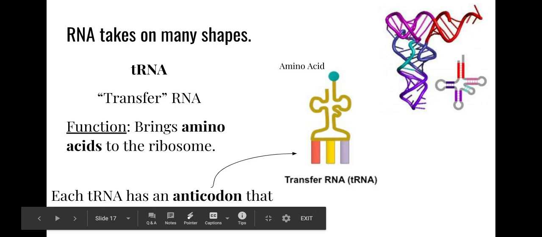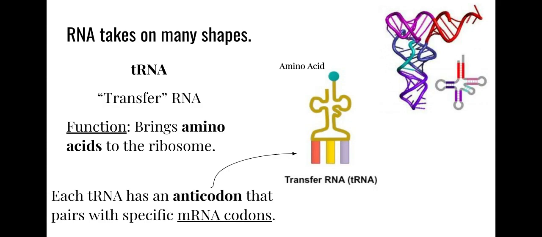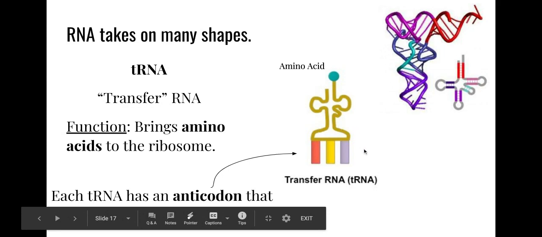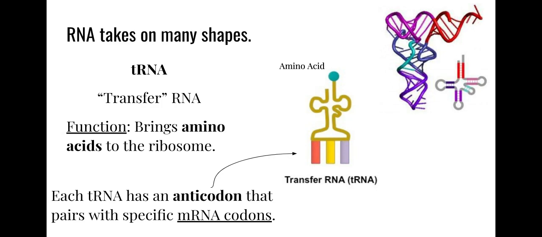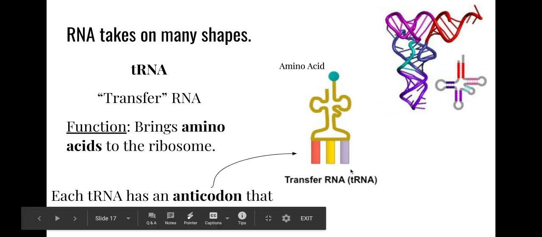As the ribosome reads that mRNA, it reads specific mRNA codons, and then it makes signals that tell the cell to bring in the tRNA that matches that codon. So every codon, every set of 3 letters, has a tRNA anticodon that goes with it.